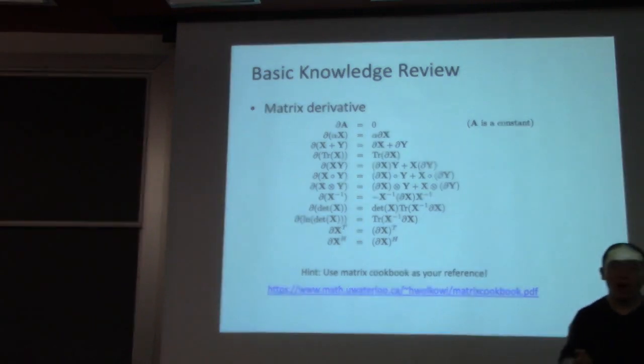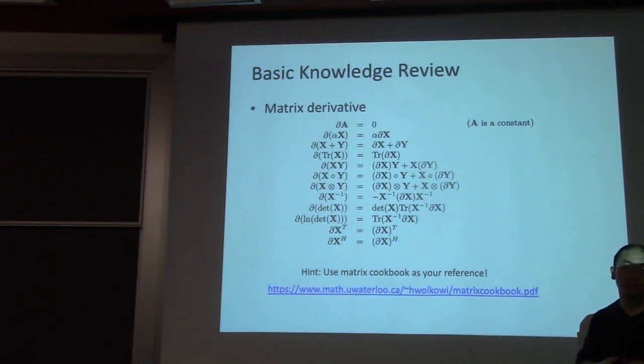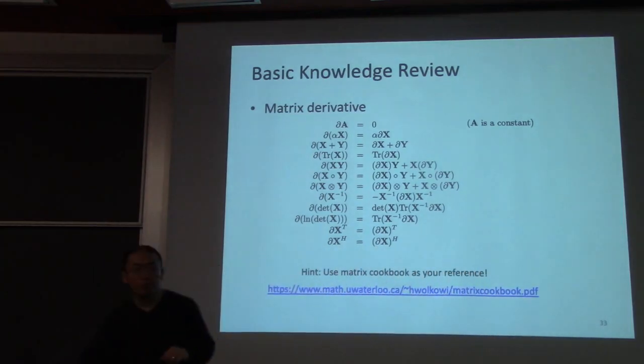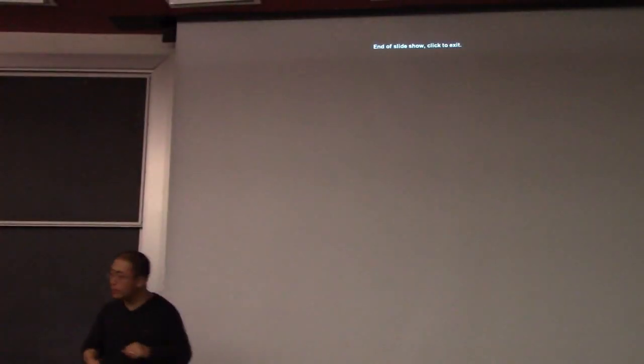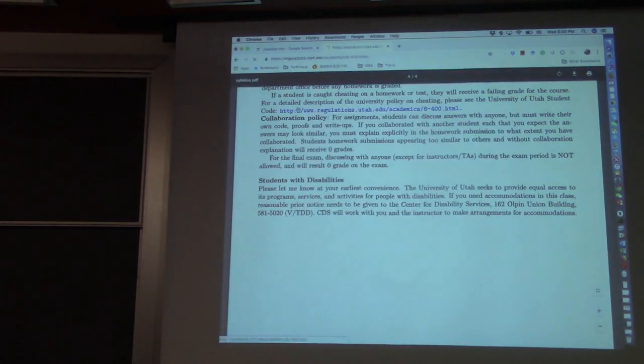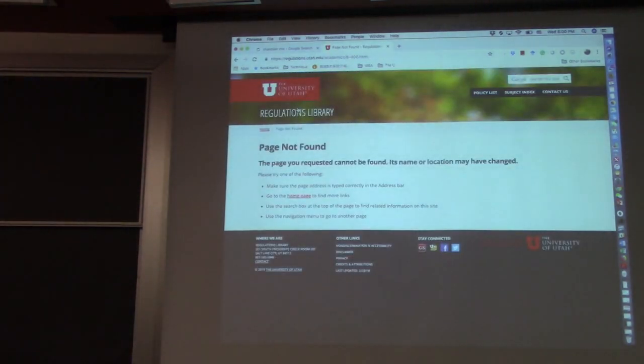And for the hard parts, check the reference from the Matrix Cookbook. You can solve most of the matrix derivative problems. Okay, this is the basic knowledge review part. I hope this review can help you.